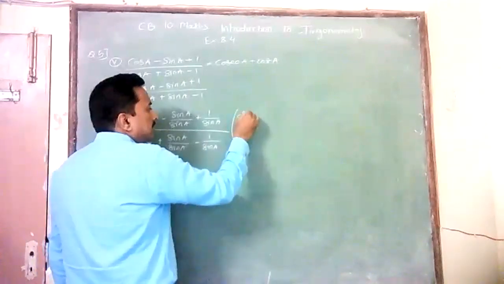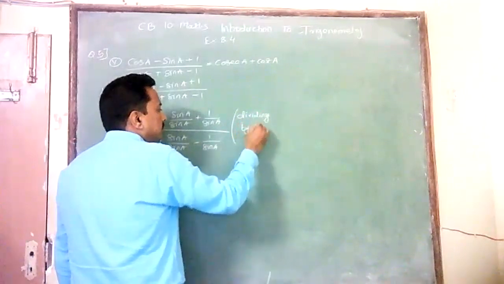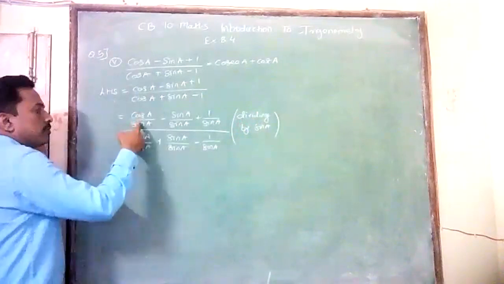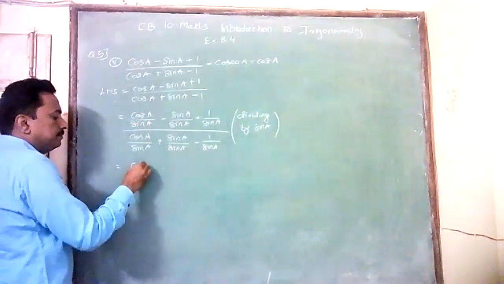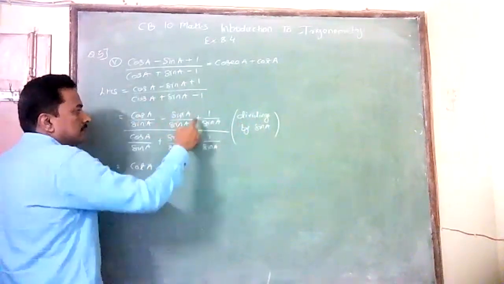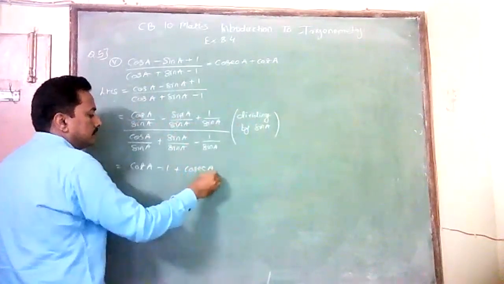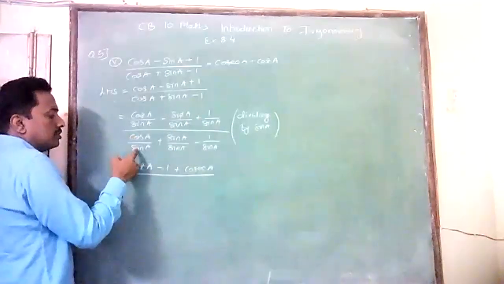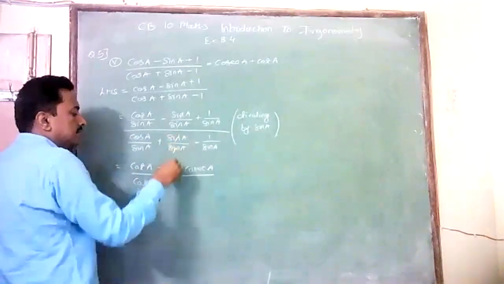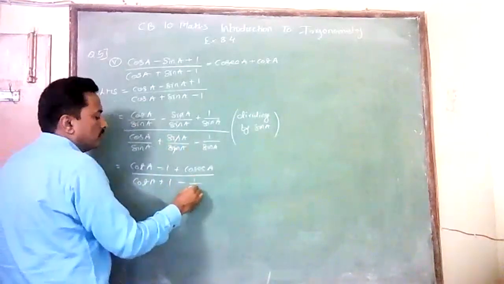Just write dividing by sin. So cos upon sin becomes cot. Sin a cancels, this becomes minus 1 plus 1 upon sin becomes cosec. Same here, cos upon sin becomes cot plus this cancels, 1 plus minus 1 upon cosec.